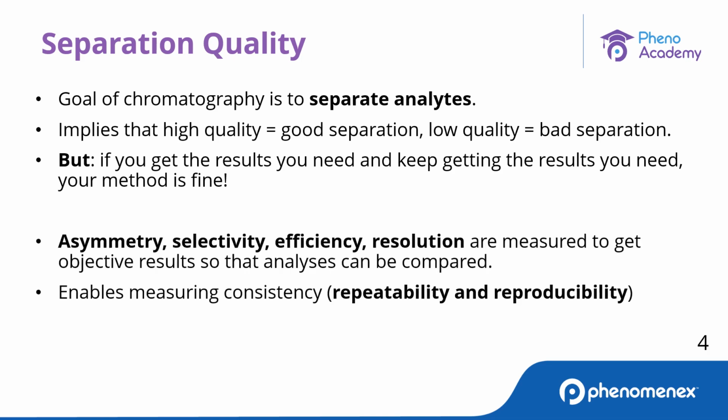So then, why do we measure asymmetry, selectivity, efficiency, and resolution? It is so we get objective results, objective measurements, so that we can compare analyses. You could, for example, compare your analysis to one in a different lab, or you can use these measurements to improve your method during method development, or you can check how your method is performing compared to how it used to.